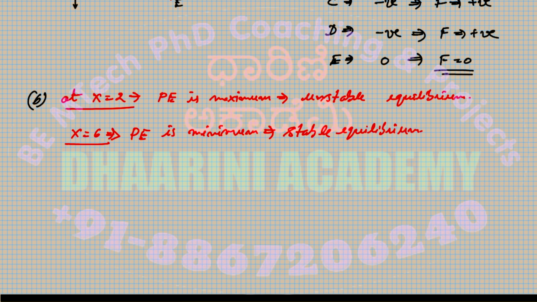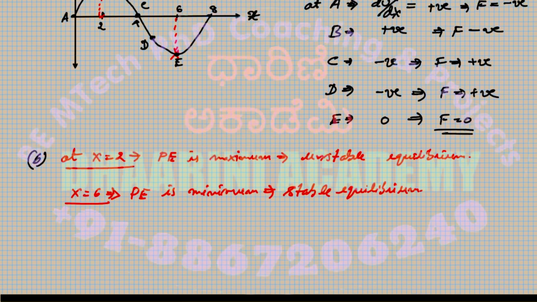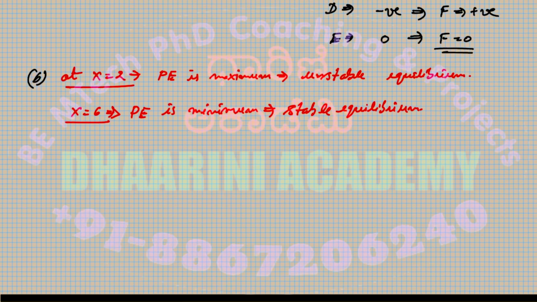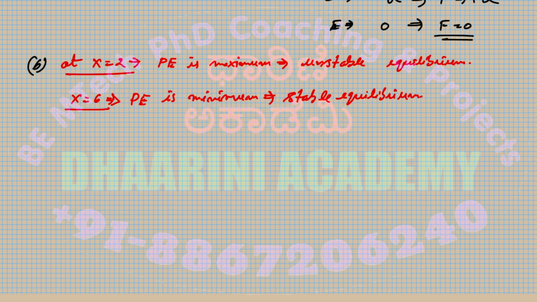As a stable equilibrium. Now, the question actually asks about all the three. Find the positions of three different types of equilibrium. We could find only two. I also have to mention one comment here saying that there is no point on this whole graph where the potential energy is constant. So we don't have any point of neutral equilibrium.